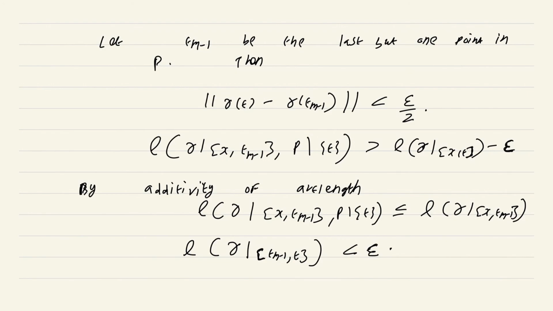So this just follows from writing the length of gamma restricted to [x, t] as the sum of the length of gamma restricted to [x, t_{m-1}] plus the length of gamma restricted to [t_{m-1}, t], and this previous equation immediately gives us that the length of gamma restricted to [t_{m-1}, t] has to be less than epsilon.